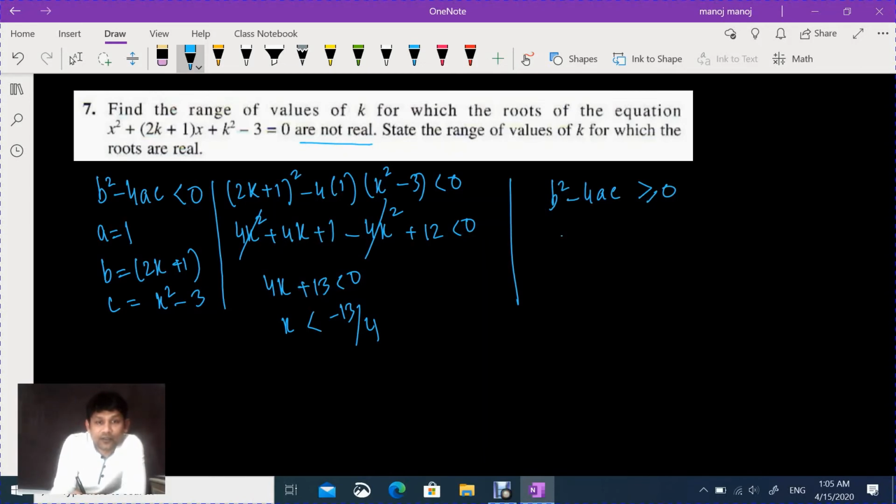And finally, what you have to write is 4k plus 13, that is k, and that's your answer.